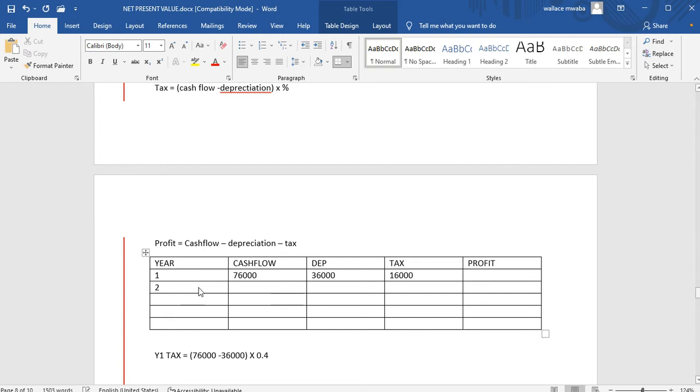Go to year 2. Cash flow, we have 68,000. Depreciation 36,000.